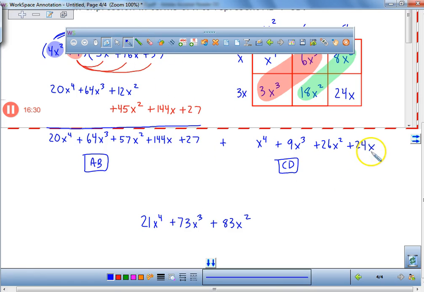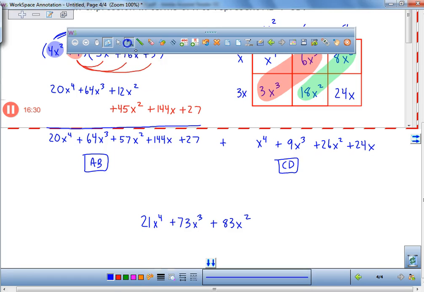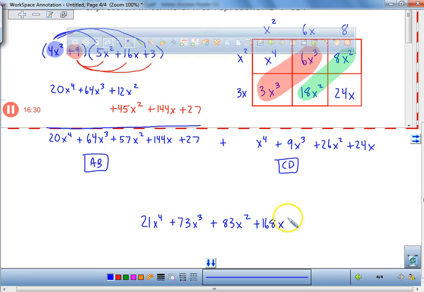All right. Oh, not 24x, my bad. Hold on. We got to add it to what? 144, correct? 144 and 24, what does that give us? 168. And then what do we have at the end? 27. There's our answer.